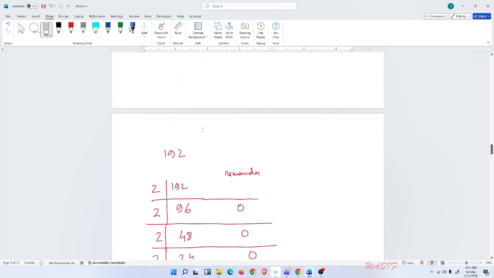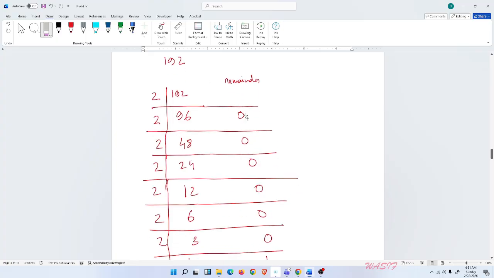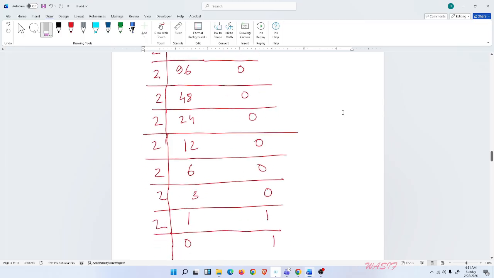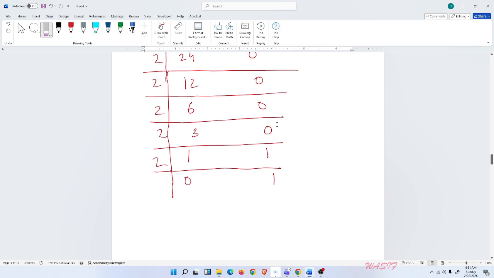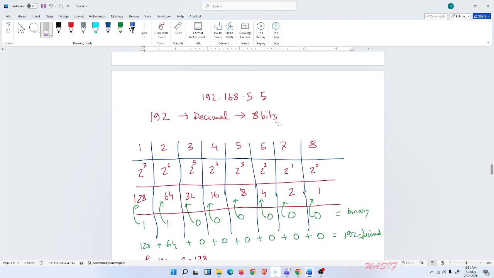Now let's take the number 192, which is a decimal number. If you do the 192, you will get this one. Follow the previous procedure and you will find the binary, which is this one. Now let's do this one. Here is an IP address, 192.168, and you know that this is decimal.